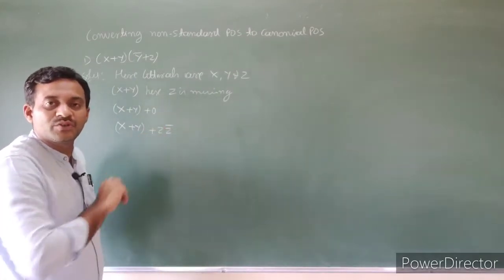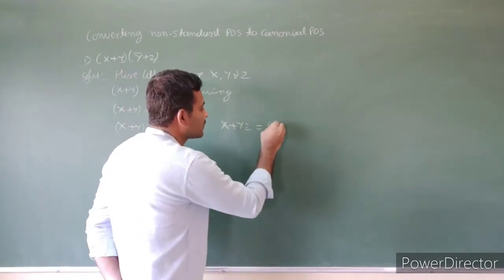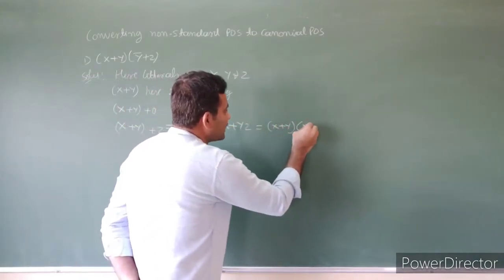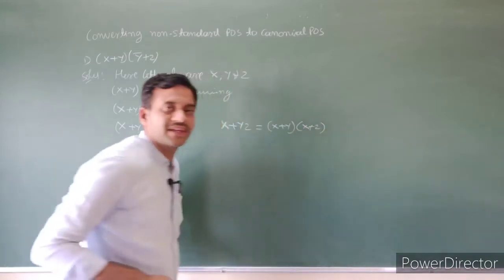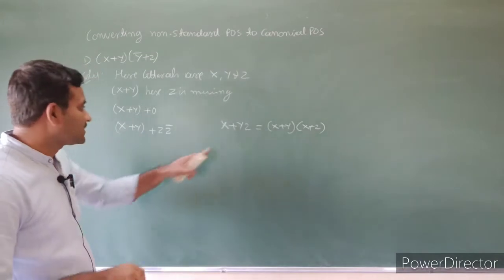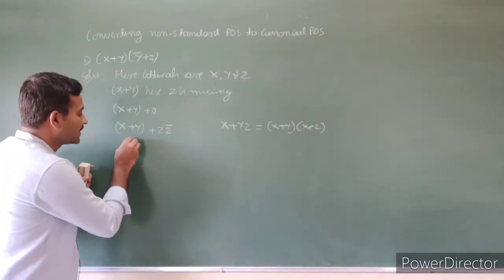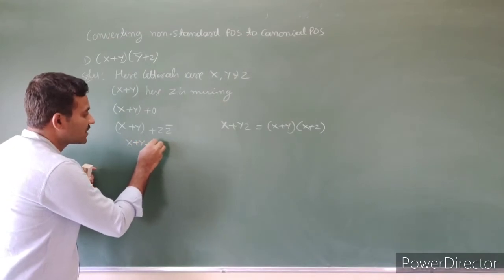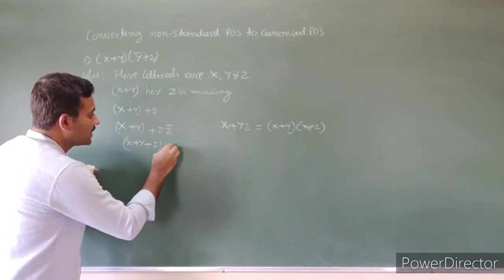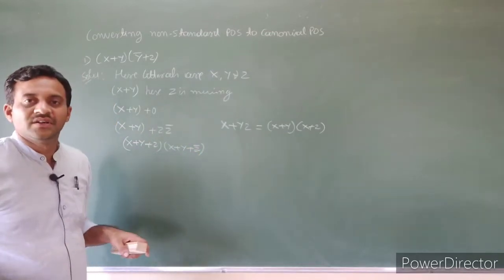Then apply the distributive law. What is the distributive law? x plus yz is equal to (x plus y)(x plus z). Applying it to this expression, we get x plus y plus z as one term and x plus y plus z bar as another. What did we do here?